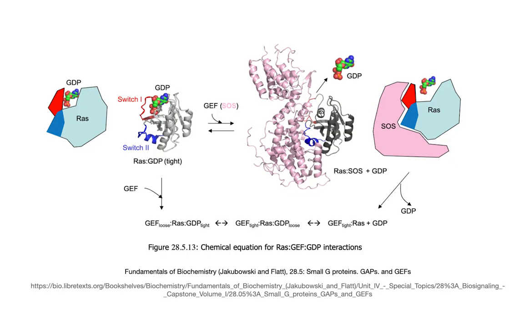Once you remove the GDP, the concentration of GTP is high enough that it can pick up a new GTP pretty quickly, as long as the GDP wasn't just there hogging things. And now that the G protein is bound to the GTP, it's active and it can go activate other things.